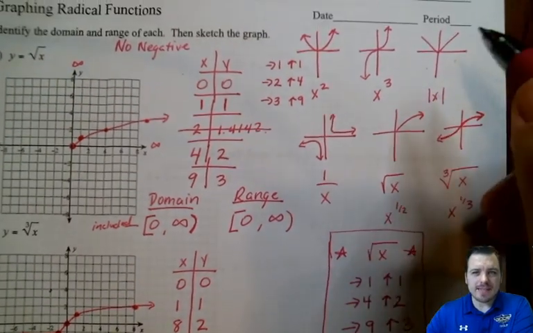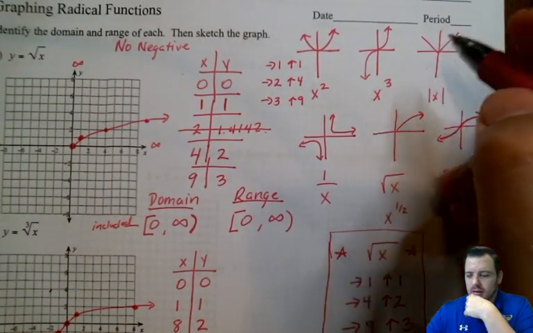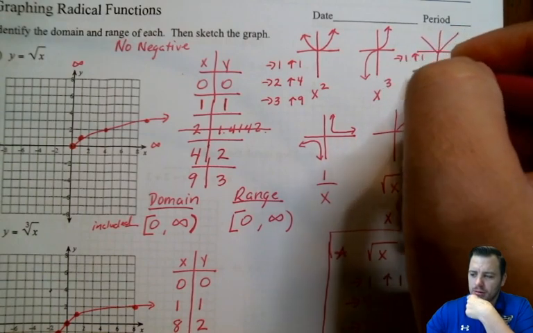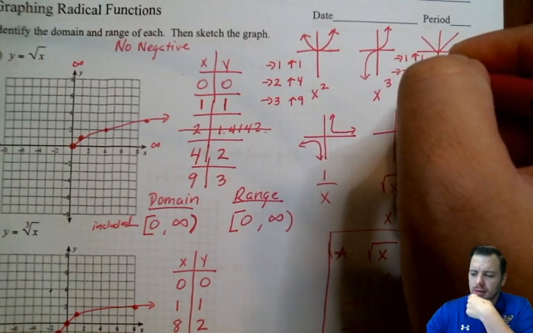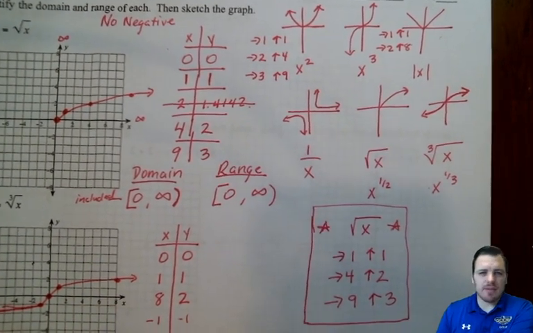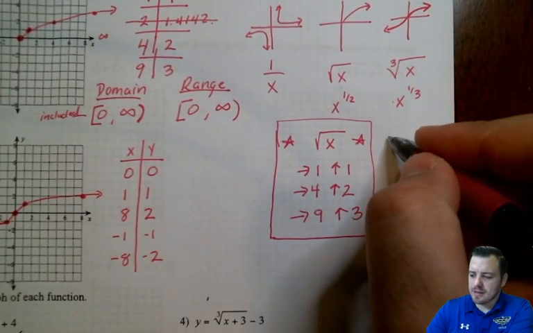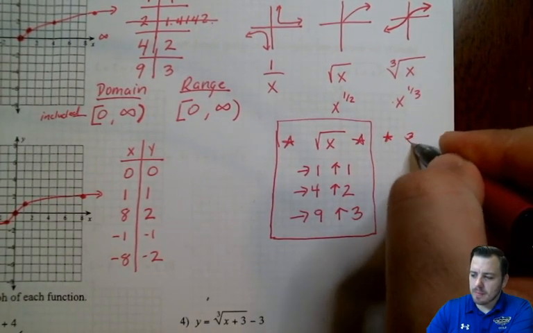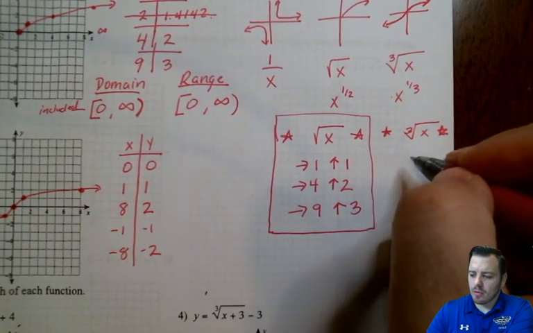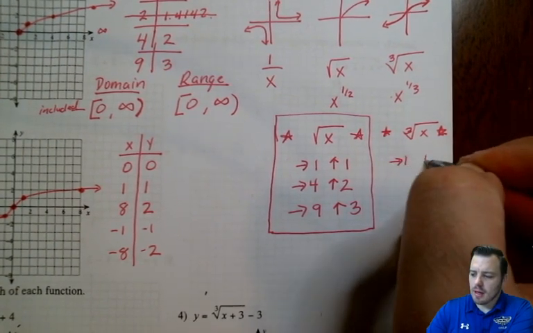Now going back to this whole cube root thing. Remember here we would go right 1 and up 1. We'd go right 2 and up 8. So same thing here, but it's just opposite with the cube root. So we will go right 1 and up 1.